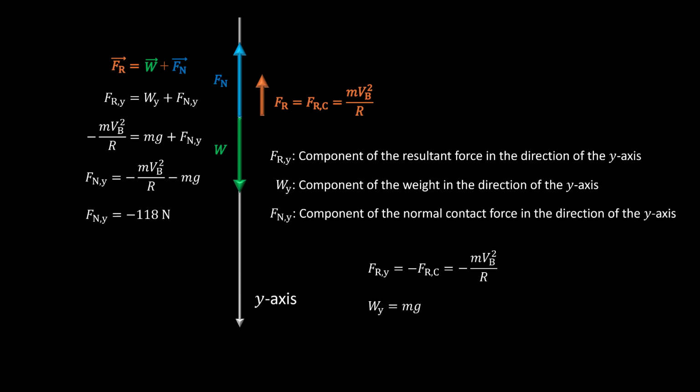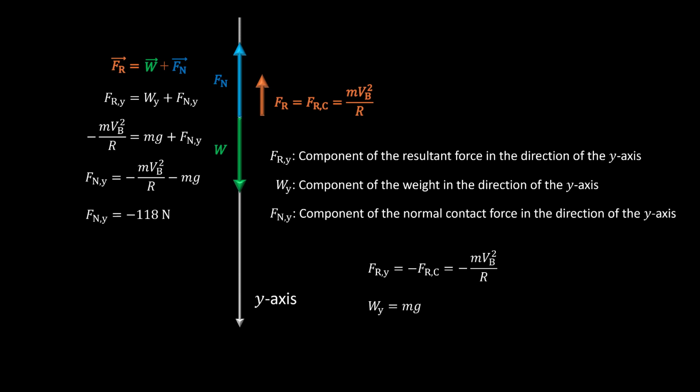Now, why do we have a minus here? In fact, the minus is consistent with our y-axis. What my answer is telling me is my normal contact force is contributing a value of minus 118 Newton in the direction of my y-axis.